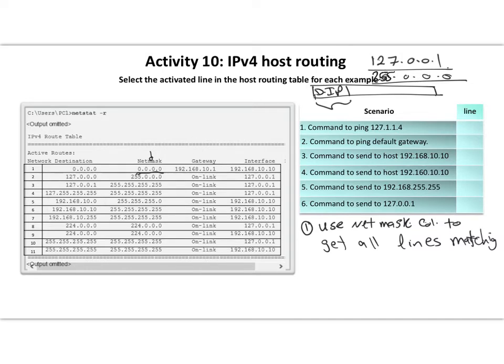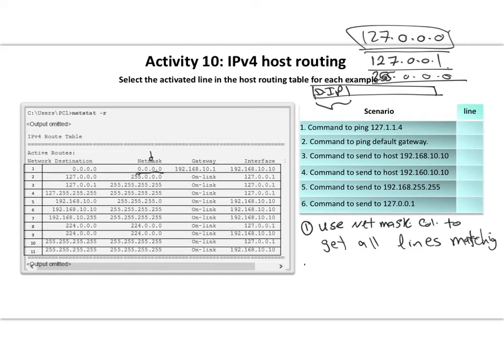So 127 ANDed with 255 would lead to 127, and anything ANDed with 0 is always 0. So the result will be 127.0.0.0, which also matches this one. This means that line 2 also matches, so we can potentially have more than one line that matches. So this is step number 1.